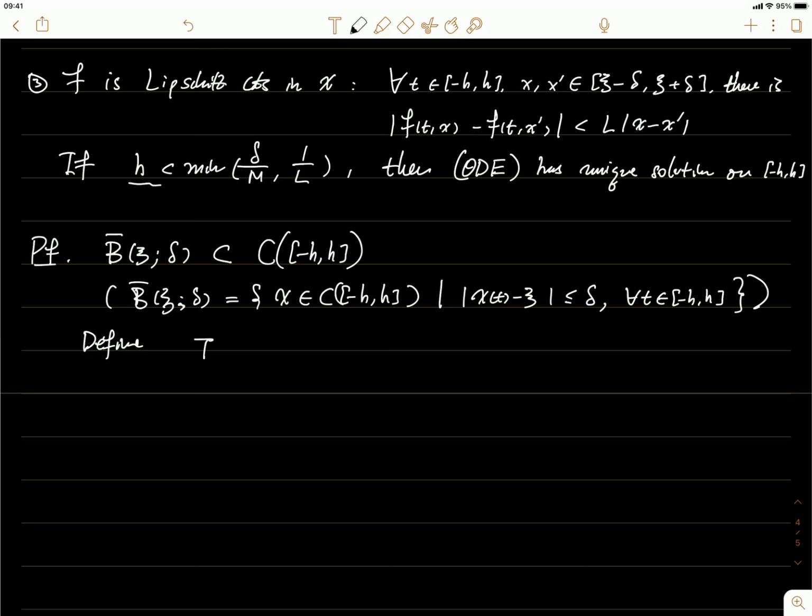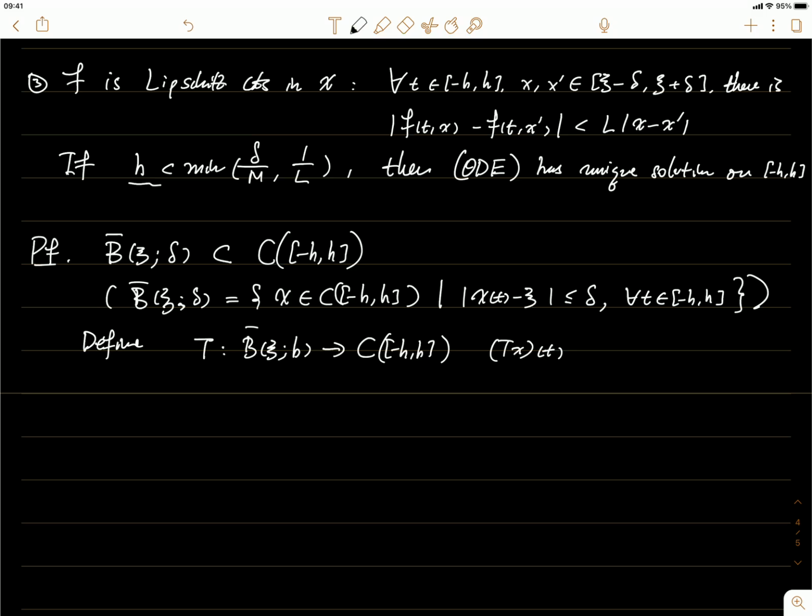So T is a mapping from the ball to some continuous function, because we're taking an integral, like we showed earlier. So it maps a function x to a new function called Tx, and Tx is a function over the interval negative h to h.